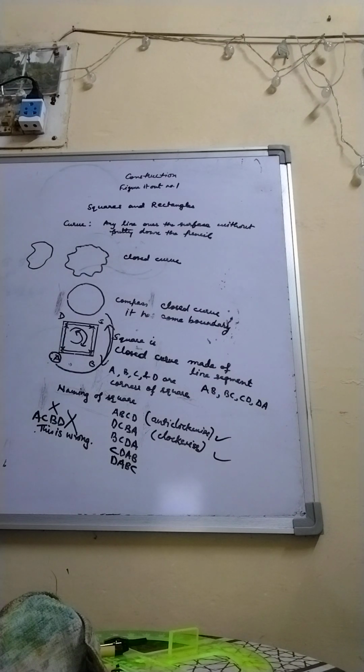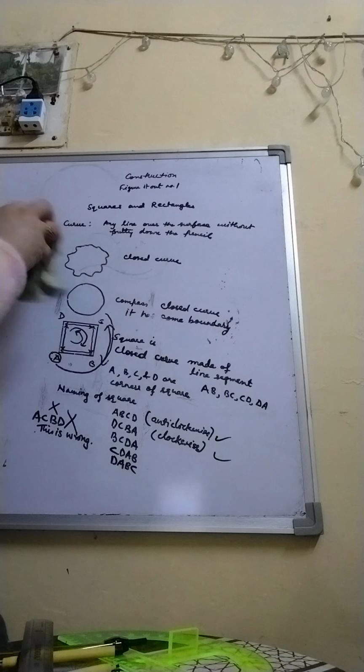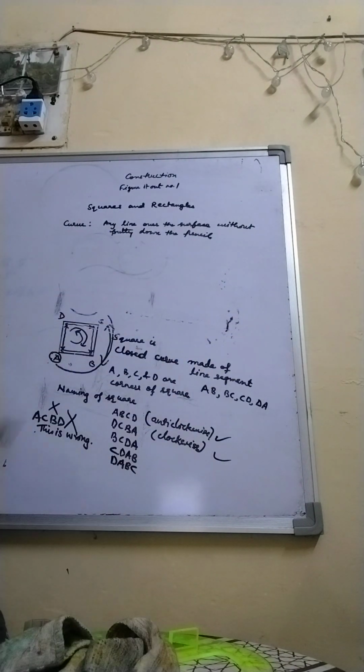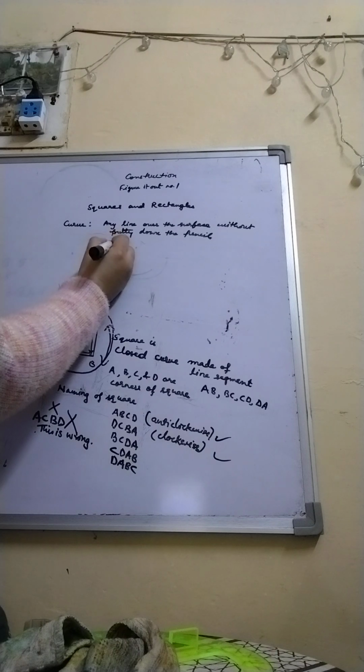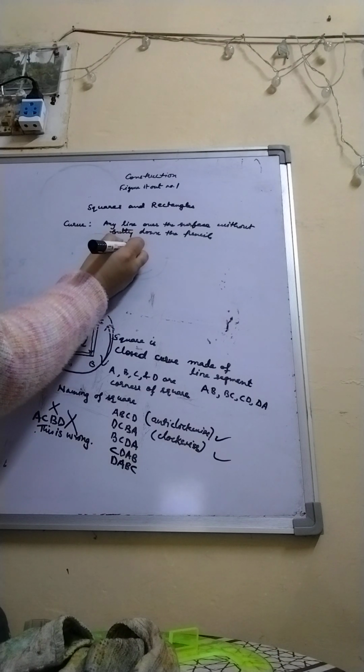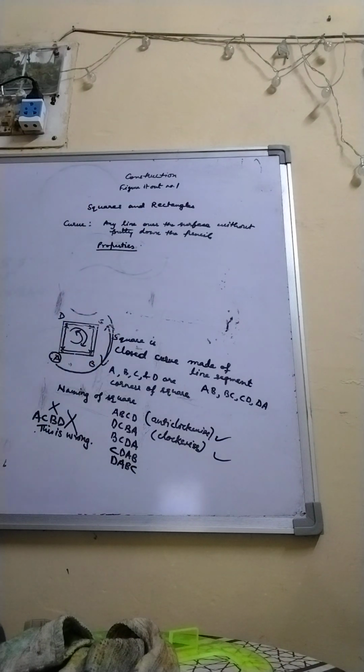Then we come to the properties of a square. There are 4 corners in a square. Properties we would do in the next class, so we wrap up the class here.